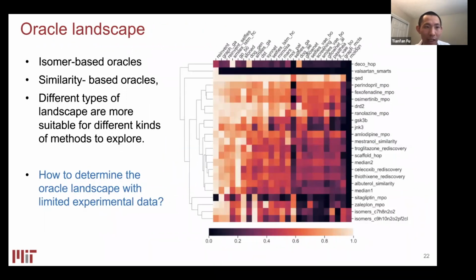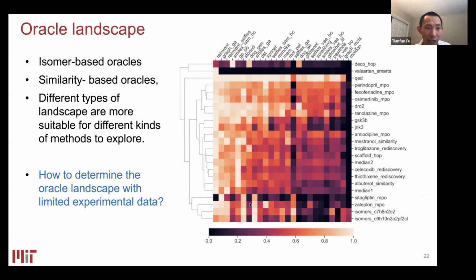We also study the oracle landscape by doing hierarchical clustering on the result heat map. We find that similar oracles can be grouped together, for example, the isomer-based oracles and the similarity-based oracles.